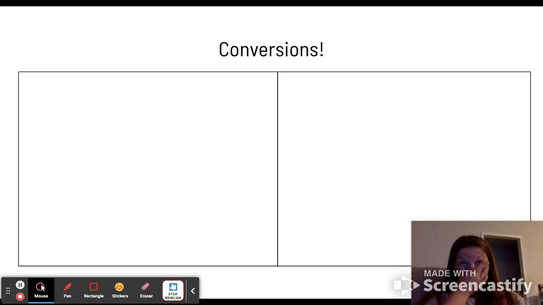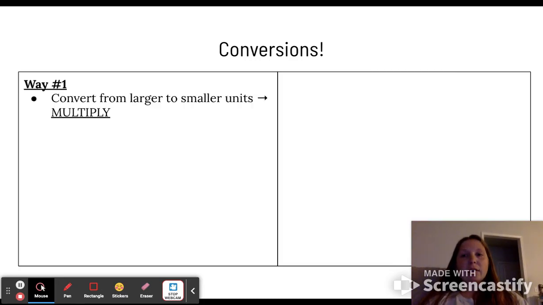Now let's talk a little bit about converting between these units. The first way is to look at the math behind it. If you're going from a large unit to a smaller unit, you're going to multiply by however many powers of 10 you need. Every time you move a prefix, that's a power of 10.